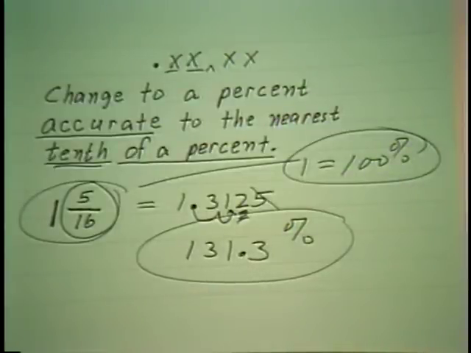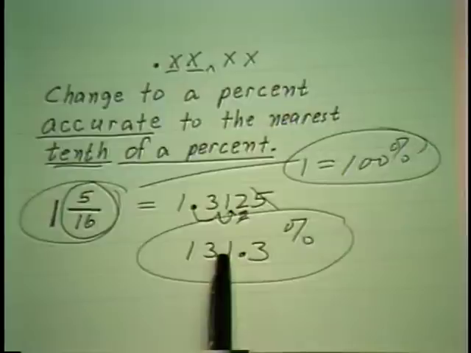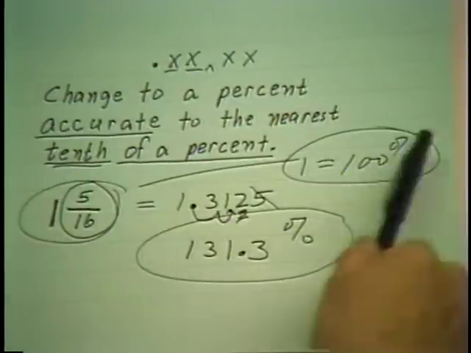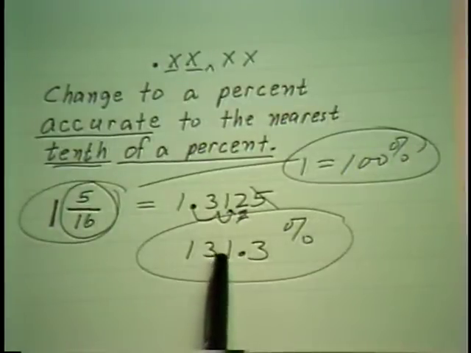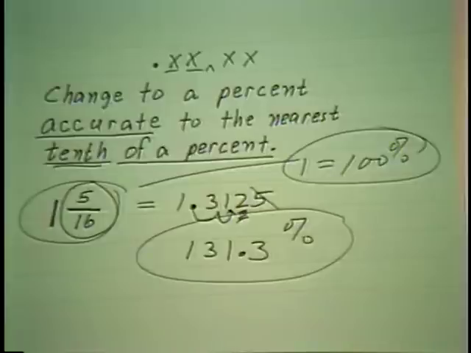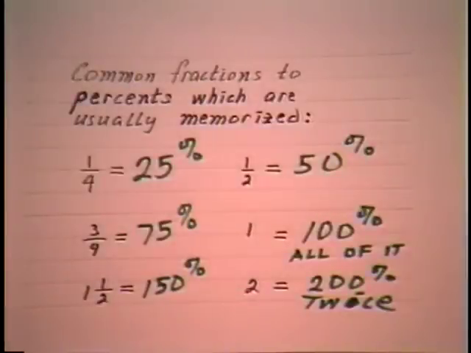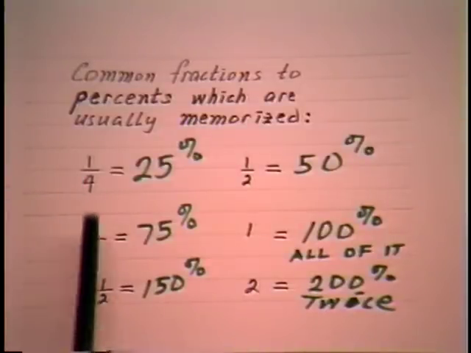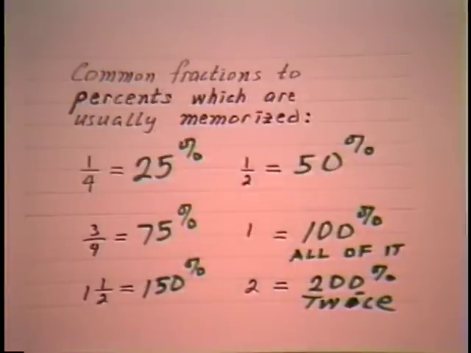So if we had made a mistake and had 13%, we would know by this comparison that we're out of the ballpark. That's not reasonable. So again, these are handy things to remember. If you're to be a business, accounting, or bookkeeping major, then you'll have a list of about 12.5 fraction to percents, which ultimately must be memorized.